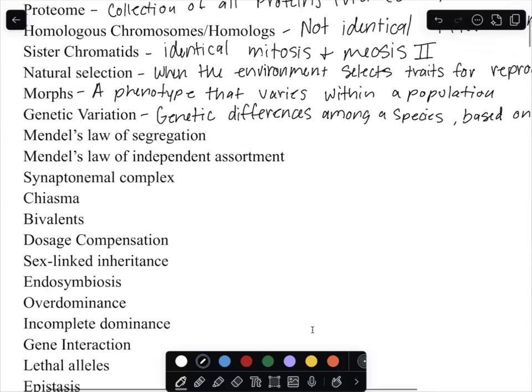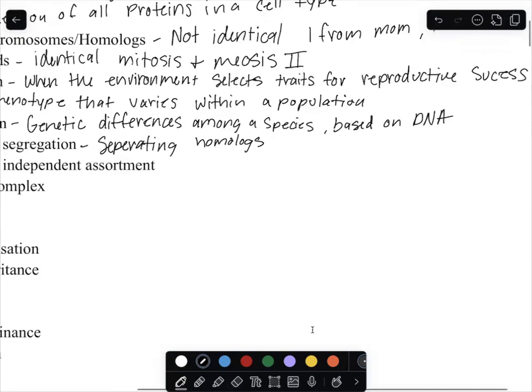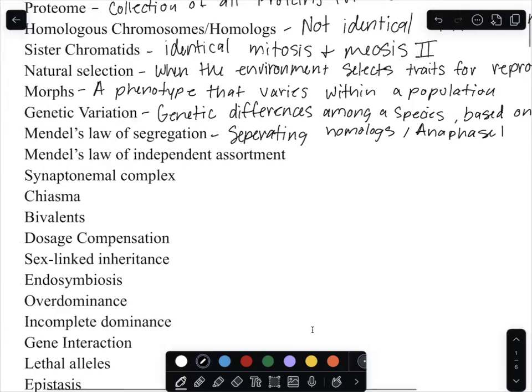Now, Mendel's law of segregation. So this is separating homologs, and if you remember, it's in anaphase one. Okay. Now the law of independent assortment.